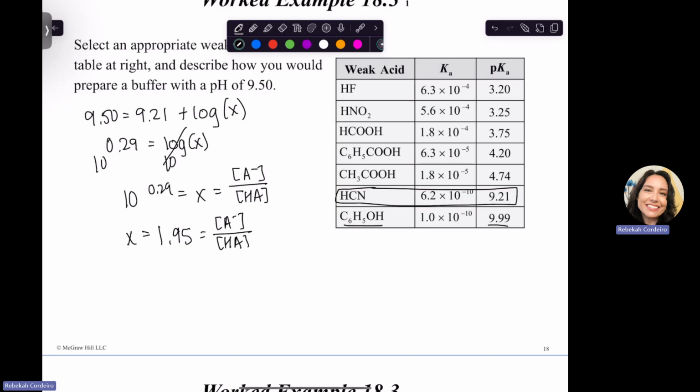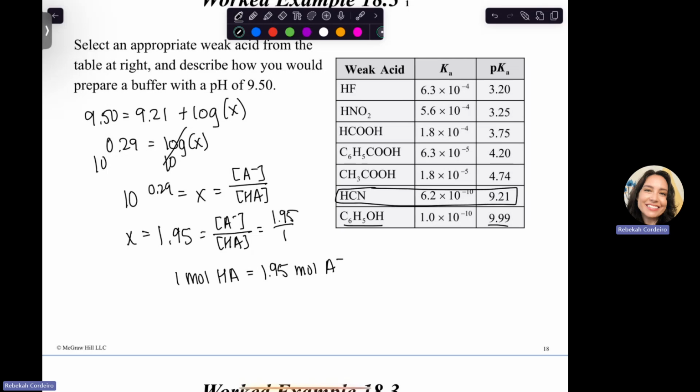So let's think about what that ratio means. For every 1 mole of HA, I would have 1.95, so this could be like 1 over 1, just put it over 1, 1.95 mole of A minus. So we could even change that to molarity now.